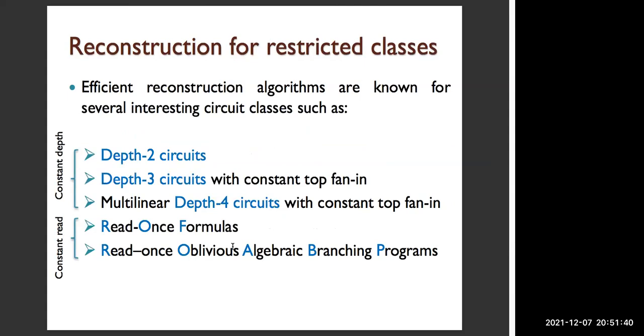But still, despite all these negative results, people have studied the learning problem or the reconstruction problem for various natural subclasses of arithmetic circuits. Basically for two reasons: these models, although restricted, are themselves quite interesting, and besides, there's always the hope that by studying restricted versions, you might get more insight and end up discovering more interesting proof techniques and strategies.